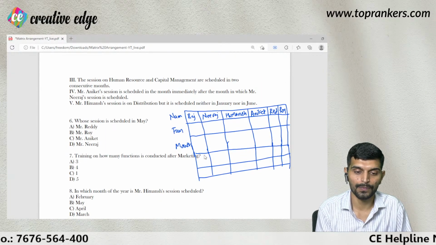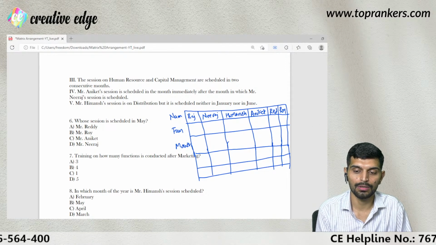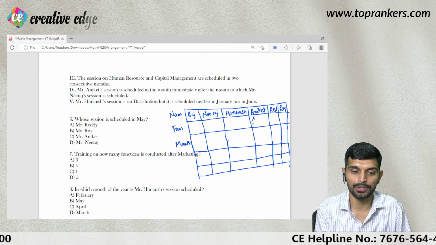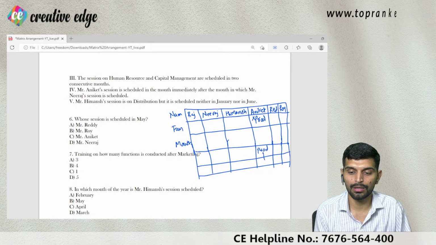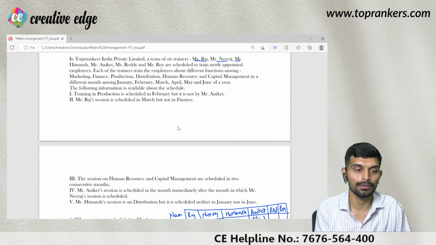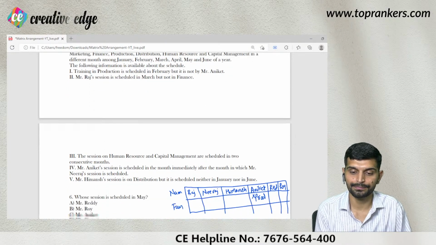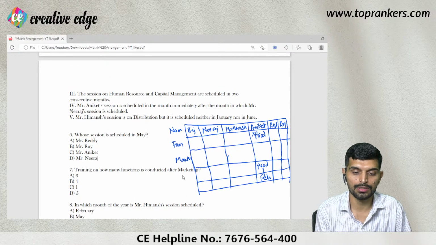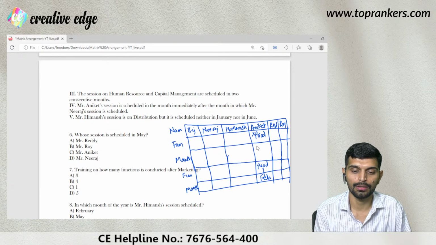So Aniket does not train in production. Production and February are together. So this is function and this is month additionally, right?